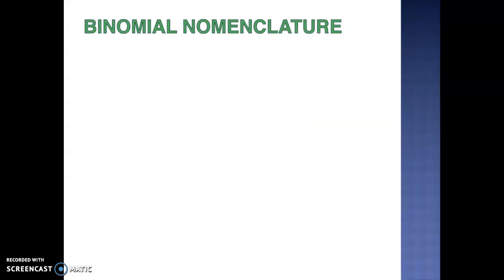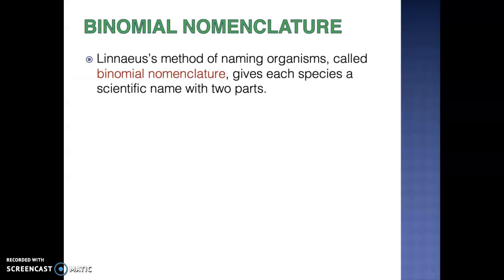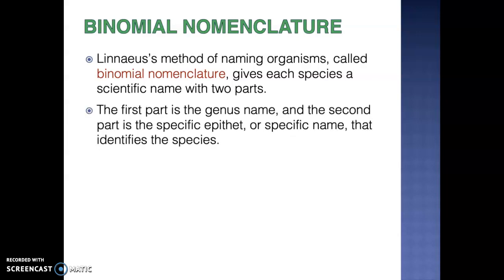There's a specific way that we attach a name to a specific organism, and that's called binomial nomenclature. Linnaeus came up with this naming method, and it gives every species a scientific name that has just two parts. The first part is called the genus, and the second part is called the species.